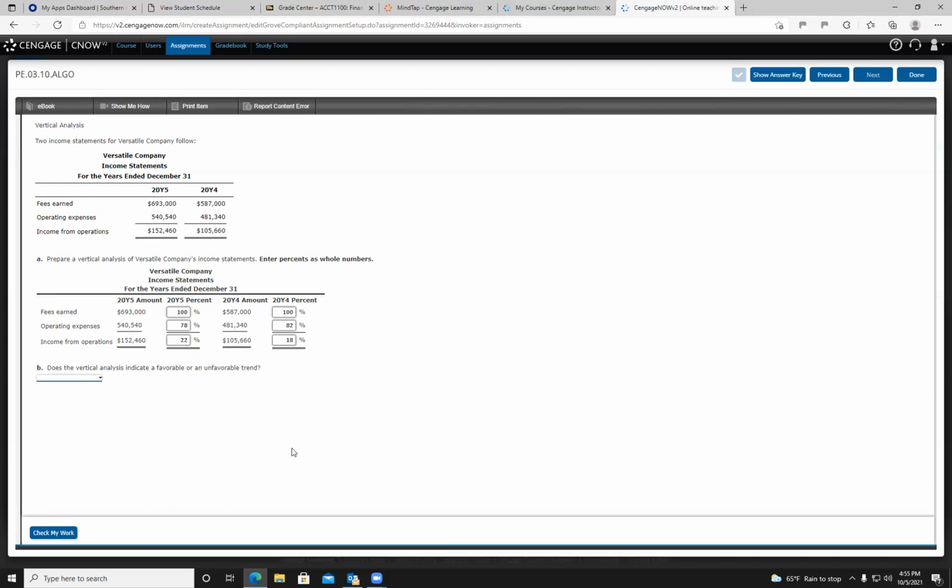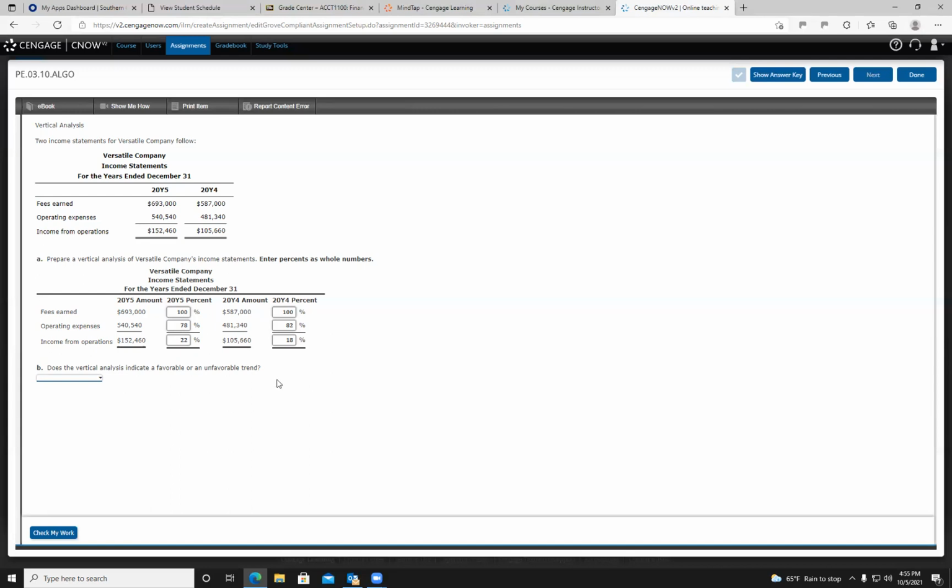Now, what this tells us is 78% of our revenues was used to pay operating expenses in our current year, and 82% of our revenue was used to pay operating expenses in our previous year. Then it asks us in B, does a vertical analysis indicate a favorable or unfavorable trend?